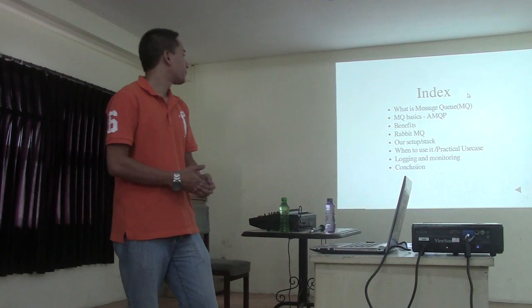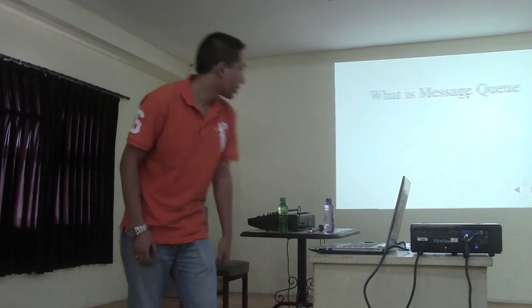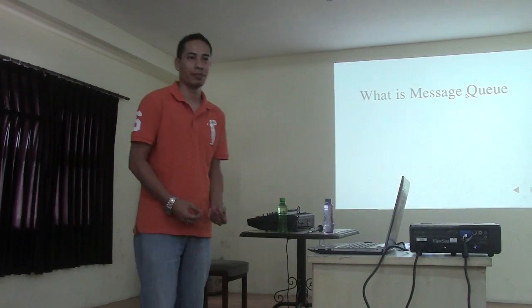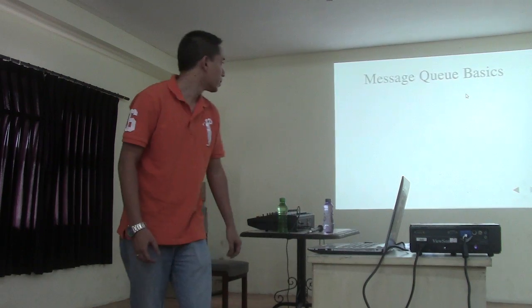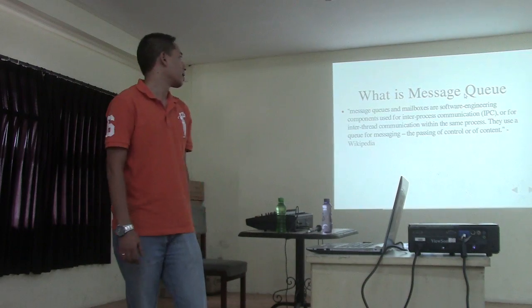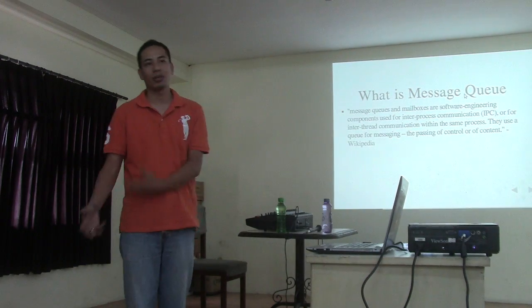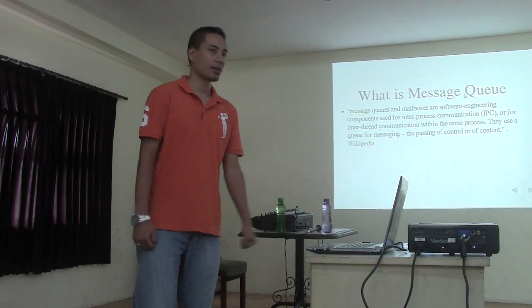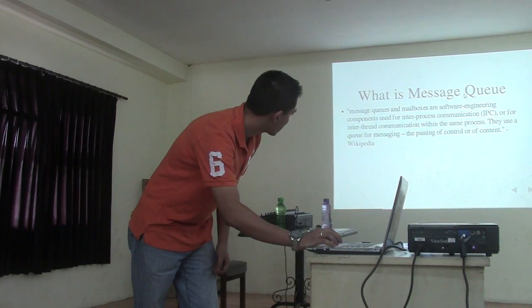Okay, so let's start off with what is a message queue. Wikipedia has its own definition, saying it's a kind of inter-process communication thread, this and that. But I'm not very satisfied with that.